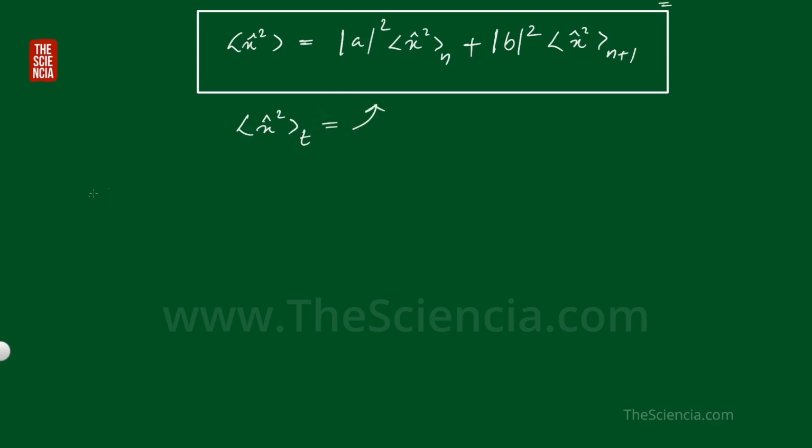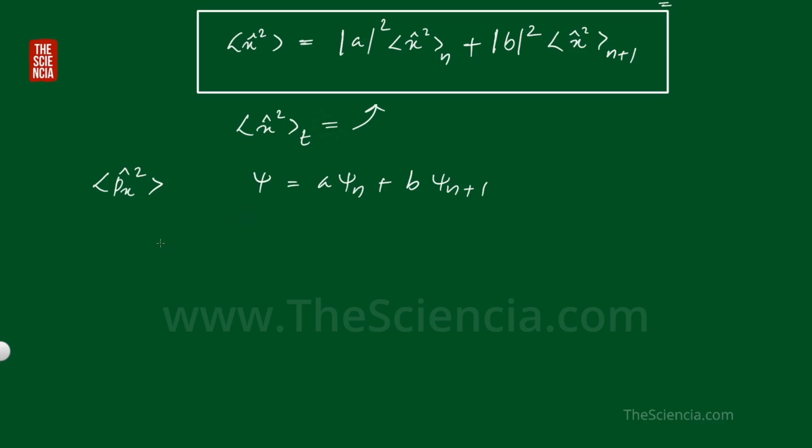Okay, now we have to evaluate the expectation value of p x cap square in the state psi, which is a linear combination of two states, that is a psi n plus b psi n plus 1. You please try to solve as we did earlier.